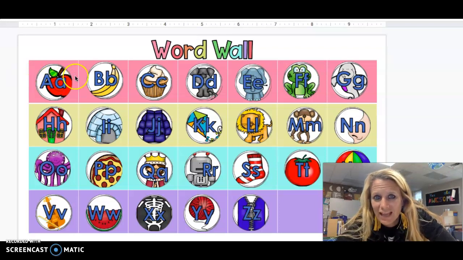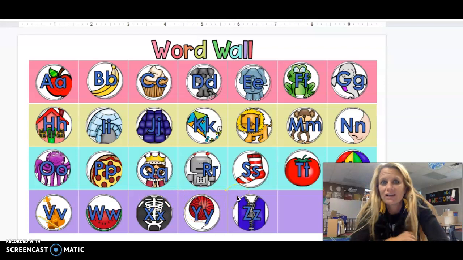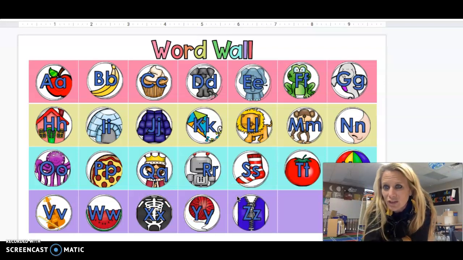A, B, C, D, E, F, G, H, I, J, K, L, M, N, O, P, Q, R, S, T, U, V, W, X, Y, Z. Those are our letters in our letter wall. Next time, won't you know them all?